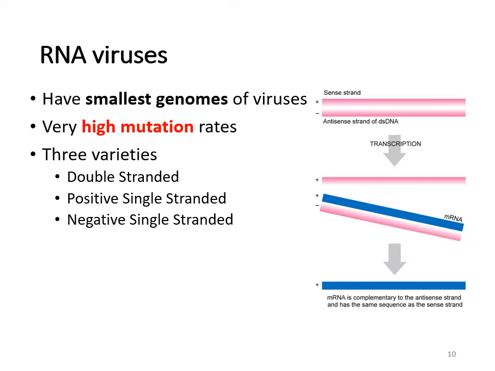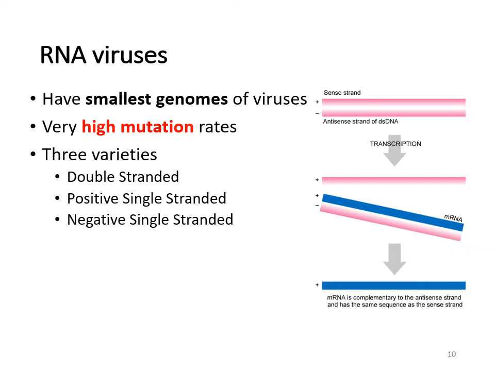So it's the proper code to make proteins, whereas the negative strand is the complement to the proper strand for protein making. So a negative strand will not properly make proteins. It has to do extra steps of making positive strands or its complement before it can actually make proteins.